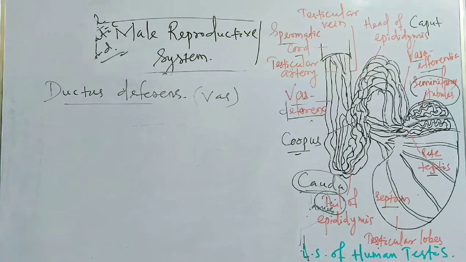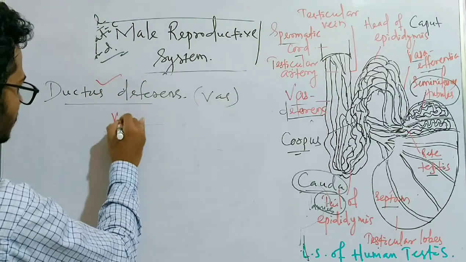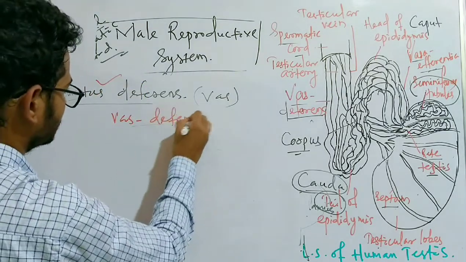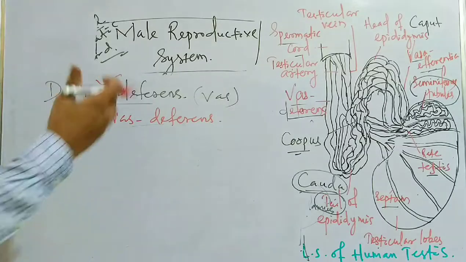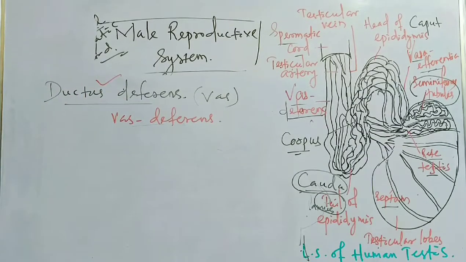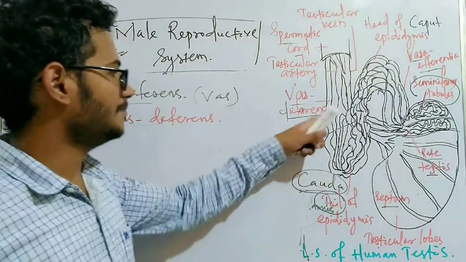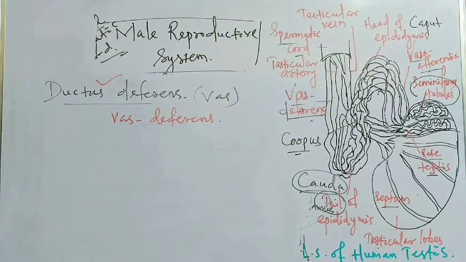Beyond this point, the duct is now known as the ductus deferens or the vas deferens. Okay, the diameter increased and it has become less coiled.